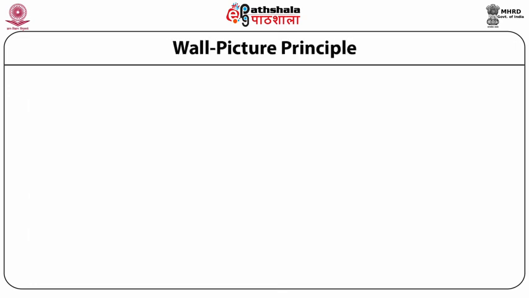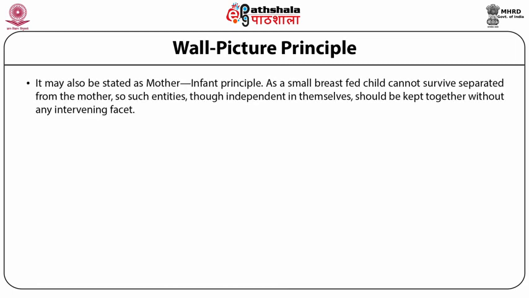Kaukoff principle. This principle states that two entities which are naturally together should not be separated forcefully or forcibly. It may also be stated as the mother-infant principle. A small breastfed child cannot survive and should not be separated from the mother.